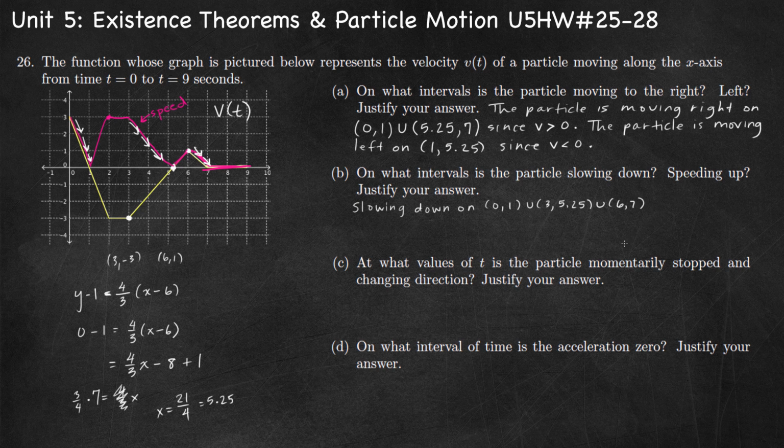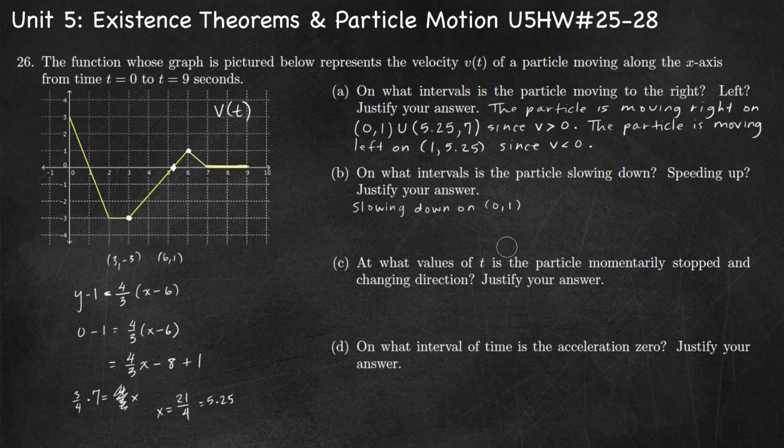Now, for justification, I looked at the speed graph for that, but let's think about how else we can justify that. Let me erase my speed graph. And then we can say, so the reason is going to change, so I think I'm going to have to break up these intervals.